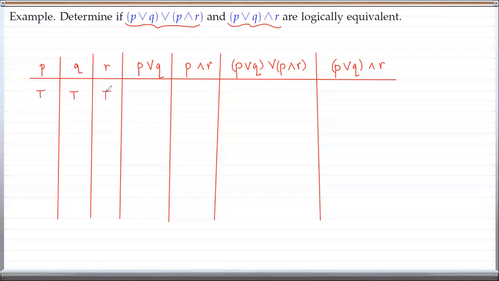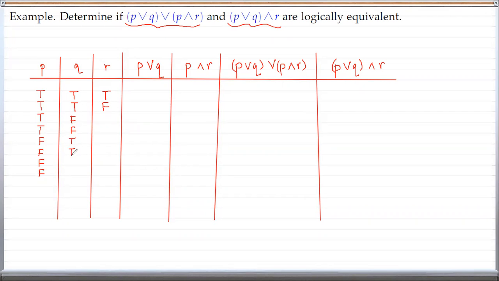All three can be true: true, true, true, true, true, true, false. So basically we have four trues for P and then four falses. And then for Q, we have true, true, false, false.